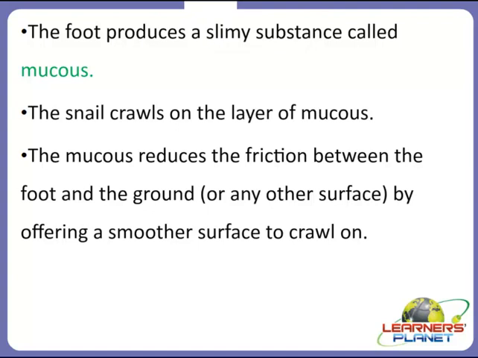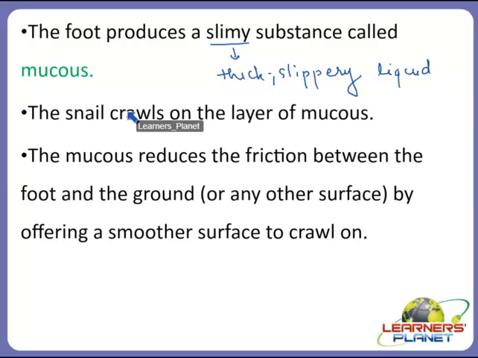Slimy means thick, slippery liquid. So this mucus is what on which the snail crawls. On the layer of the mucus it crawls, and this mucus reduces the friction between the foot and the ground or any other surface on which it crawls by offering a smoother surface to crawl on. So it becomes very easier for the snail to move on.